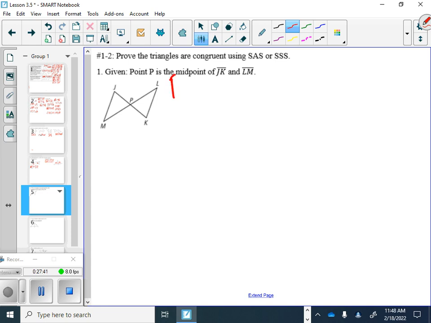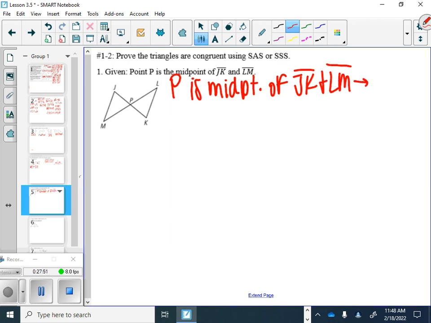I'm just going to abbreviate it: P is the midpoint of JK and LM. And then you're going to draw an arrow, and on the right side of the arrow, you're going to write, how do I know that? Well, how do I know that point P is the midpoint? I was told that. I was given that. So my reason is just given.